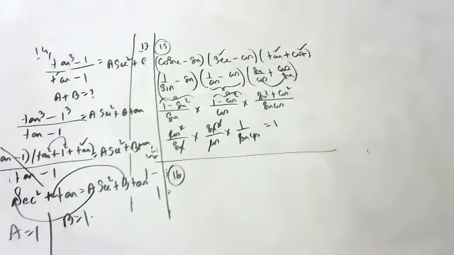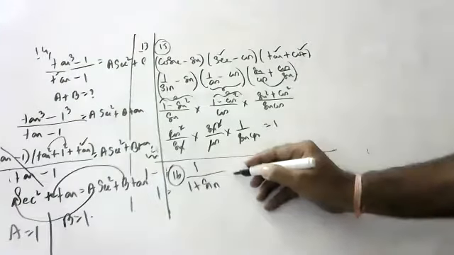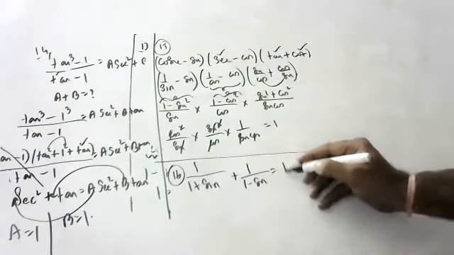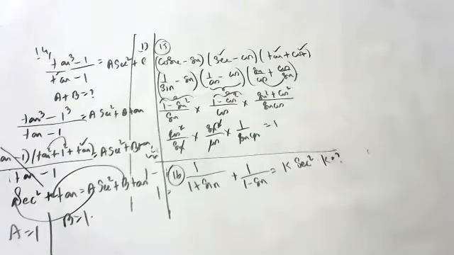Next, 1 by (1 plus sine) plus 1 by (1 minus sine) is equal to k secant square. What is the value of k? Very easy question.